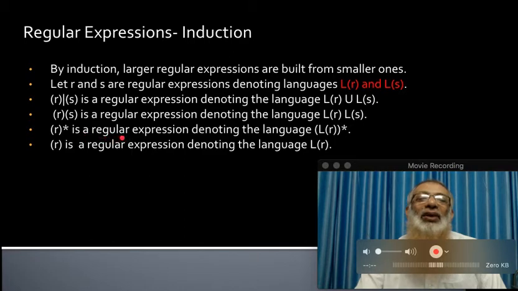There is a language associated with this. It is called LR star. Now, what about R? R is also a regular expression, and it indicates a language called LR. Now, these principles can be applied to form any complex regular expression that is required in our pattern matching exercises.